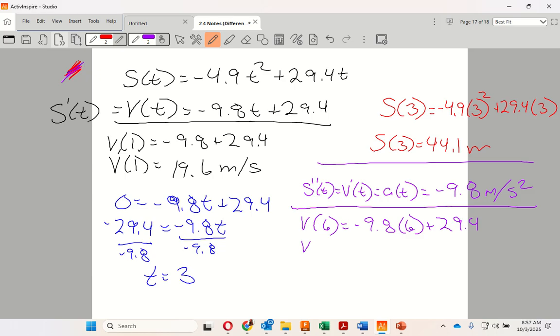And that's my velocity in meters per second. But the speed is going to be the absolute value, so the speed is 29.4 meters per second.